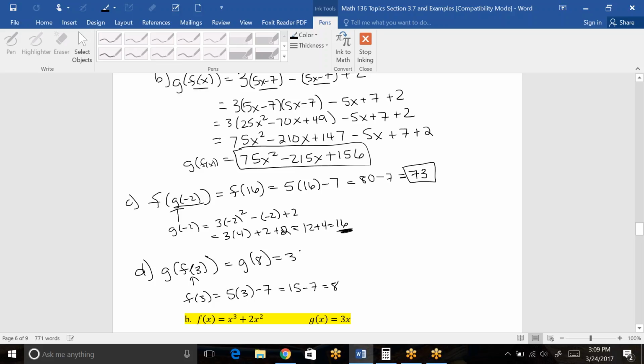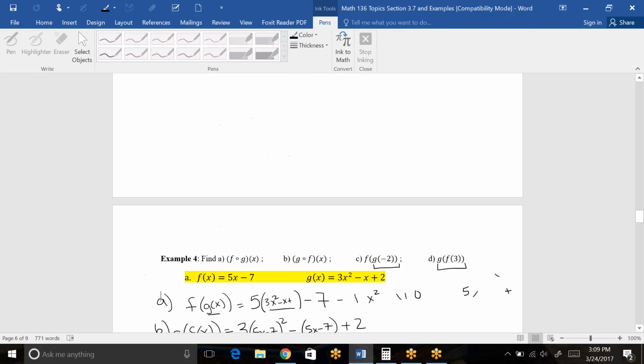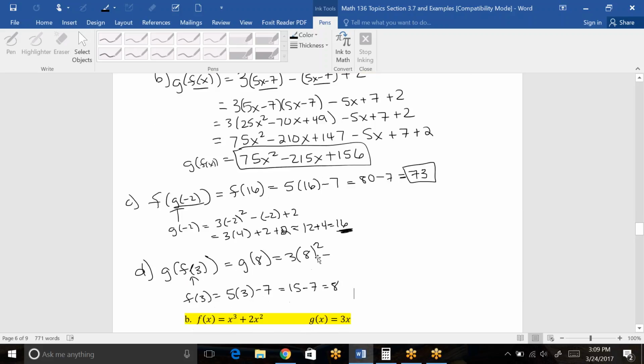G was 3x squared minus, let me look at my graph, minus 8, so minus x, so minus 8. Sorry, my pen's not wanting to respond. There we go. So minus 8 and then plus 2 at the end.